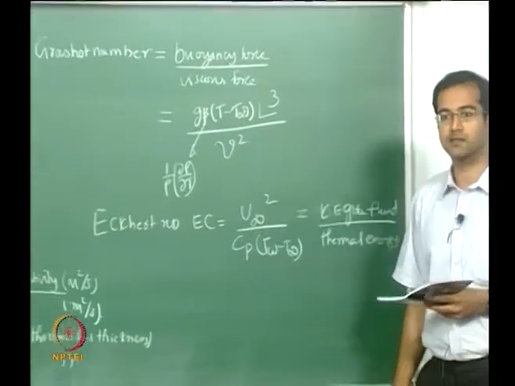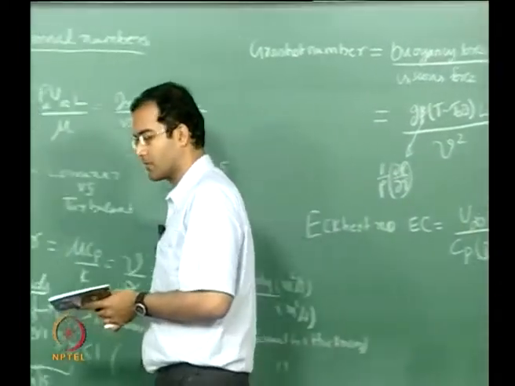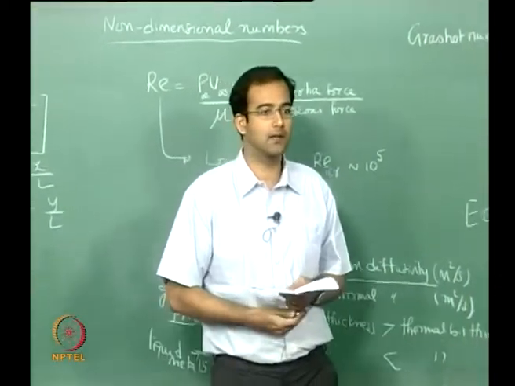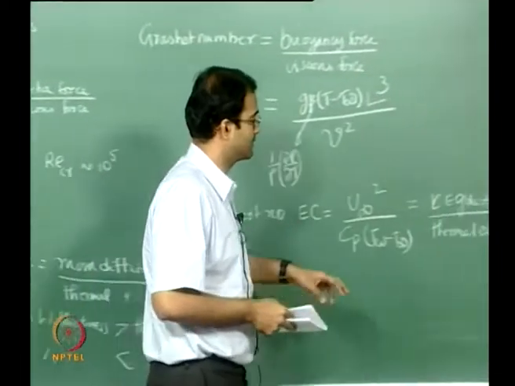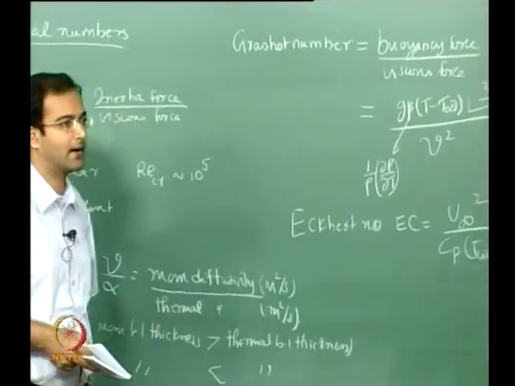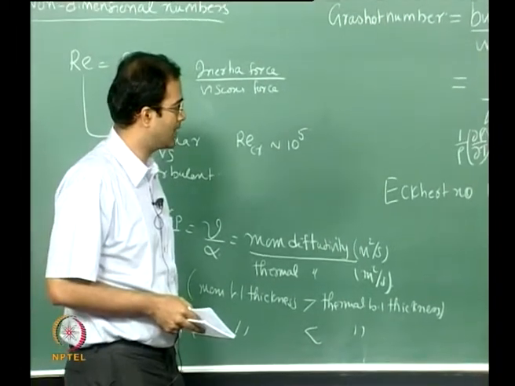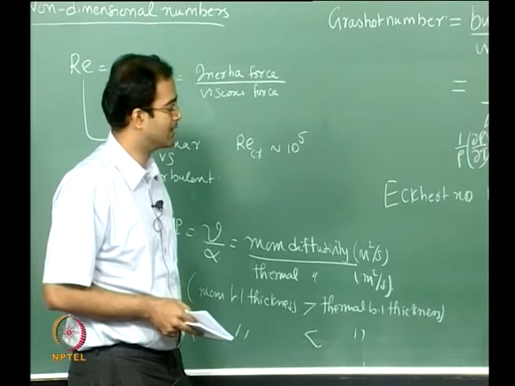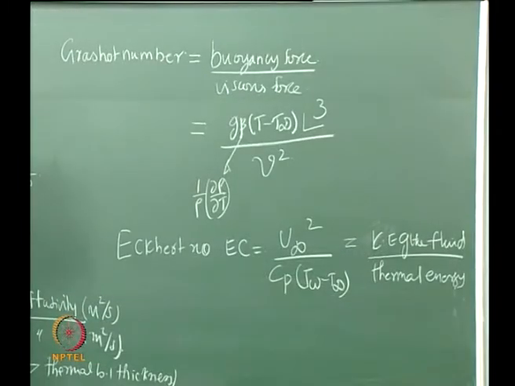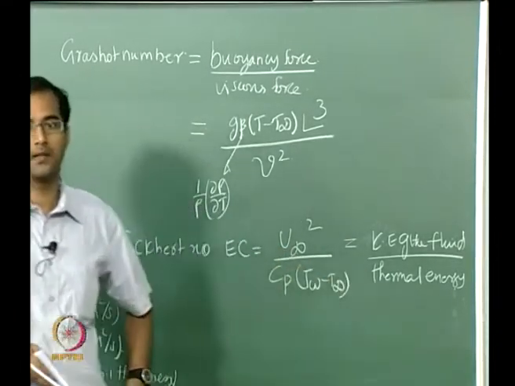So what it means is, if you have a high Eckert number, a portion of your kinetic energy gets converted into thermal energy. This is especially true for high speed flows, or very high viscosity dominated flows, where a lot of viscous dissipation effects come into the picture, and a portion of the kinetic energy is converted into thermal energy.